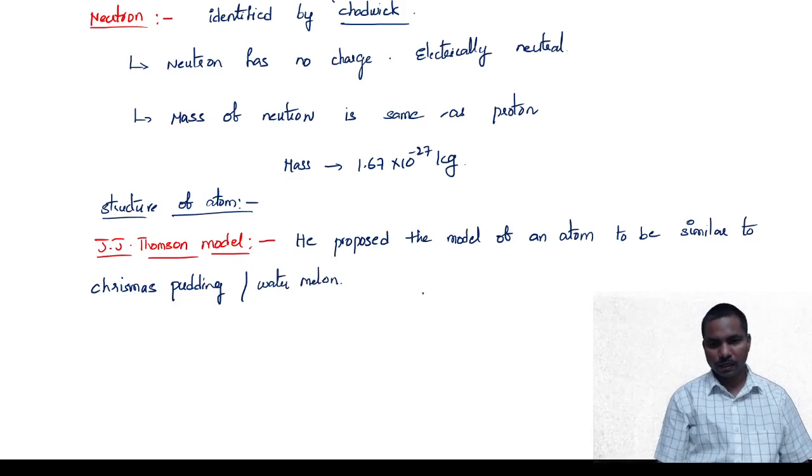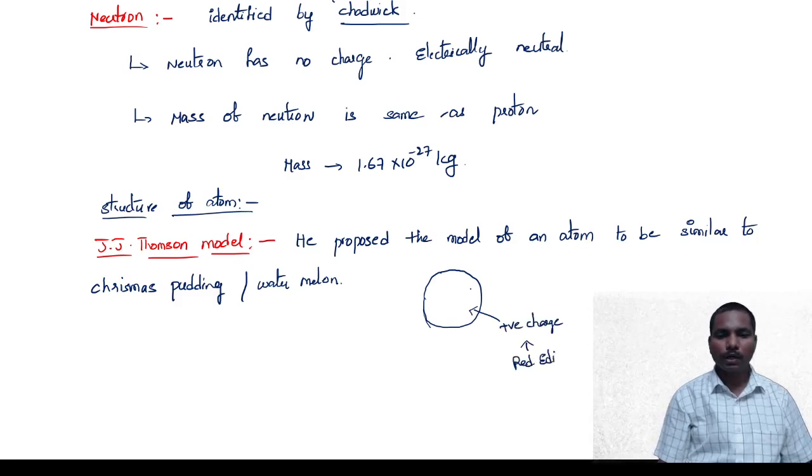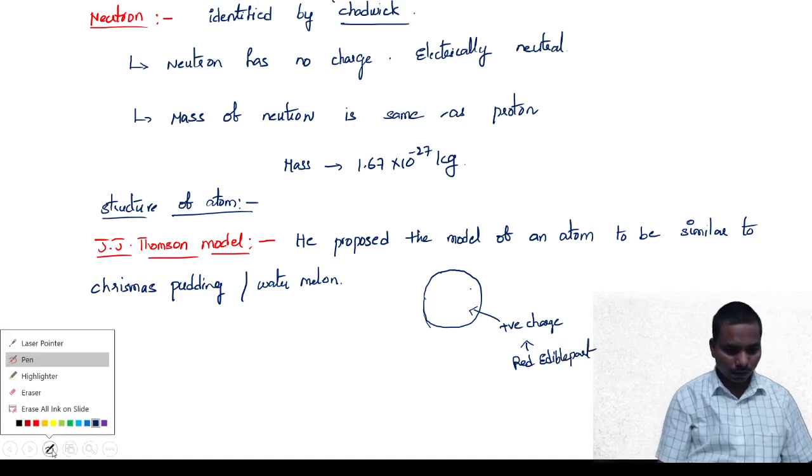Okay, so if you consider a watermelon, in this watermelon the positive charge is spread like the red edible part.